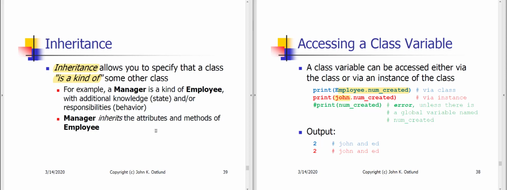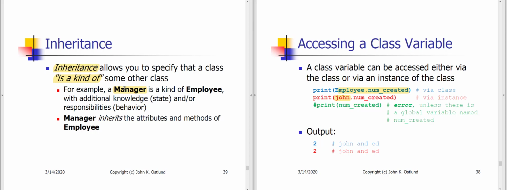Pragmatically speaking, one of the advantages here is that you don't have to rewrite a whole bunch of code when you implement a new class that is simply a kind of some existing class. In our case, since we have employee objects, we might also want to be able to create manager objects.